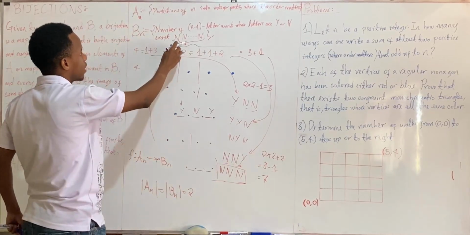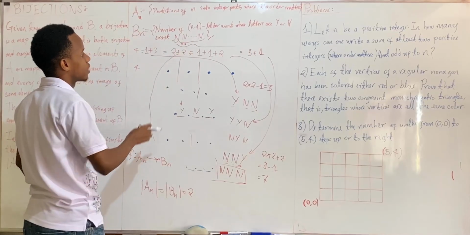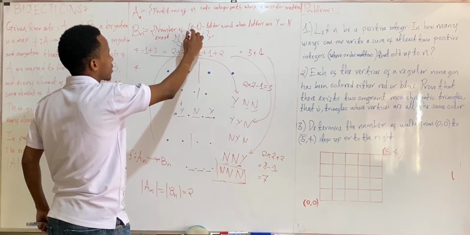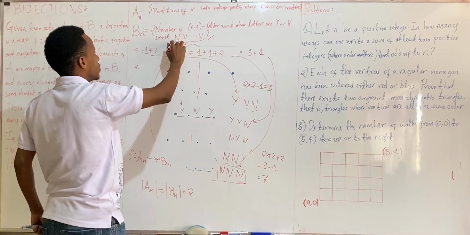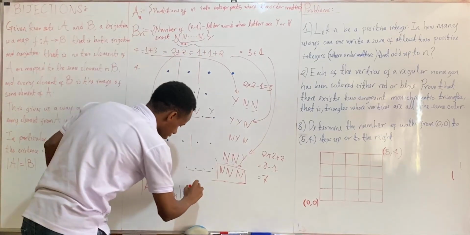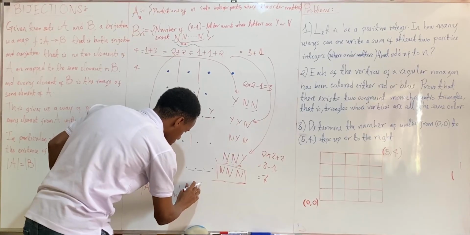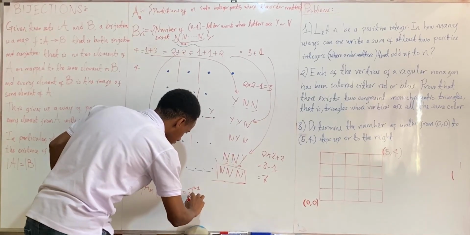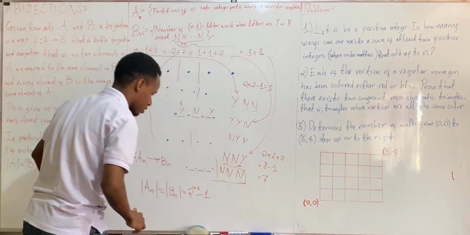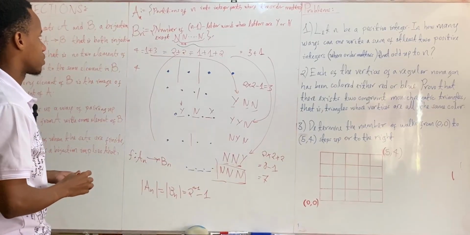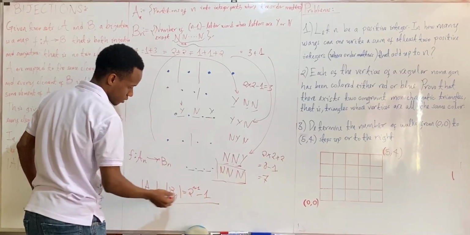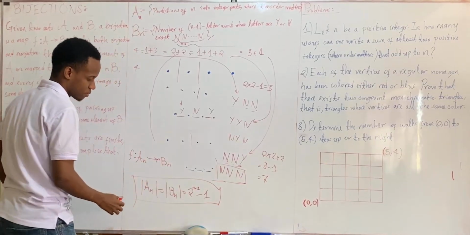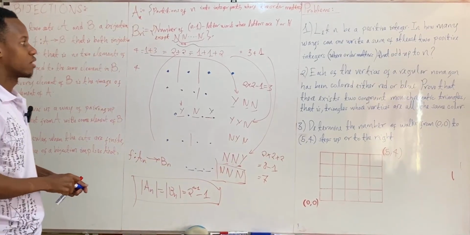Because we have n minus 1 places to fill this n minus 1 letter word, you have 2 to the power n minus 1, and then we subtract the trivial word which contains all n's. So this will be our final answer for the first problem.